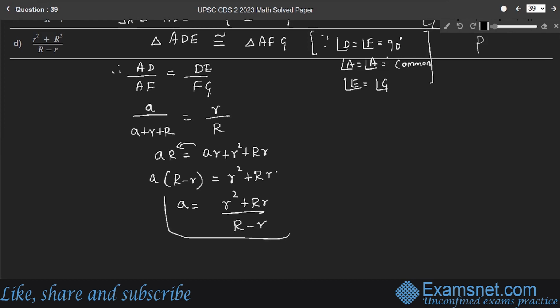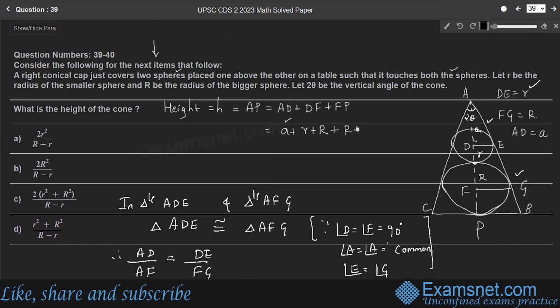Therefore, the value of a is r squared plus Rr by R minus r. Let us substitute this value of a in the height of the cone. a is r squared plus Rr by R minus r, plus r plus 2R.